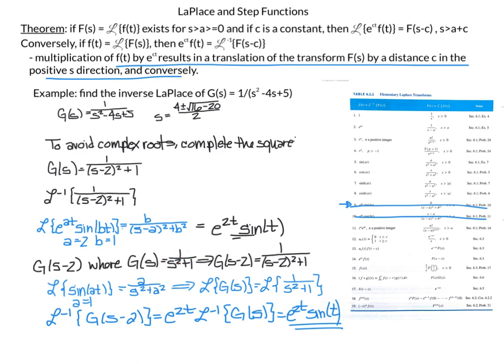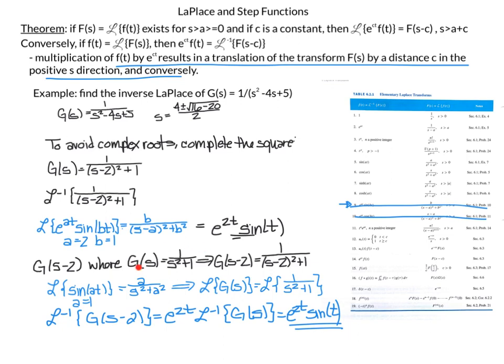If we plug in s minus 2, then we get this old G of s. And the advantage of looking at this modified G of s is it allows us to use our Laplace transform of sine of at. So we could say the Laplace transform of sine of at is equal to this modified G of s. And then using our theorem, we said that our ending capital F of s, our Laplace transform, is this G of s here.